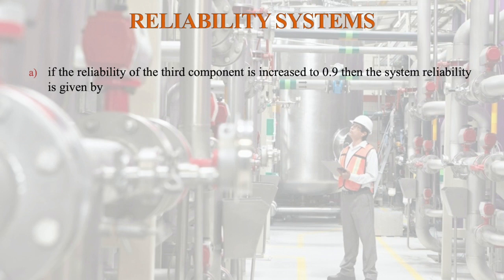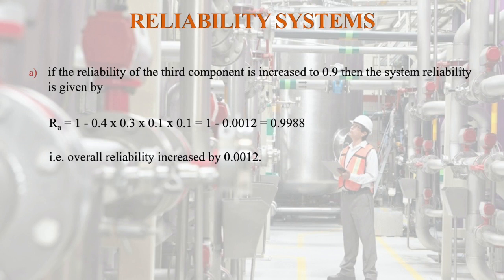If the reliability of the third component is increased to 0.9, then the system reliability is given by Rs is equal to 1 minus 0.4 into 0.3 into 0.1 into 0.1, that is equal to 1 minus 0.0012, that is equal to 0.9988. So that is overall reliability increased by 0.0012. So the overall reliability has been increased.